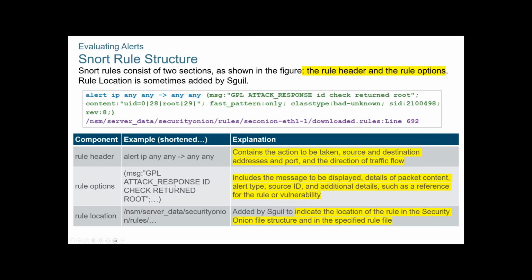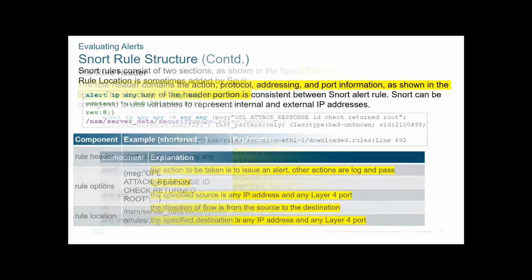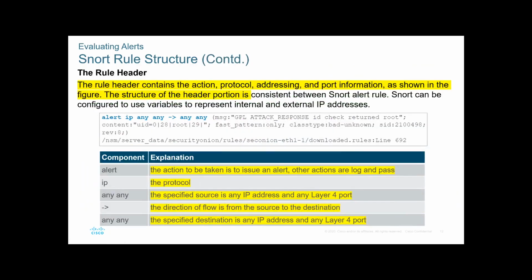There's the message. Here we've got the message in green up here, with details of the packet content. We've got something about root. That should raise a flag because we don't want anybody getting root access. And then the rule location. I think we've got more on the next page, which breaks it down even further.